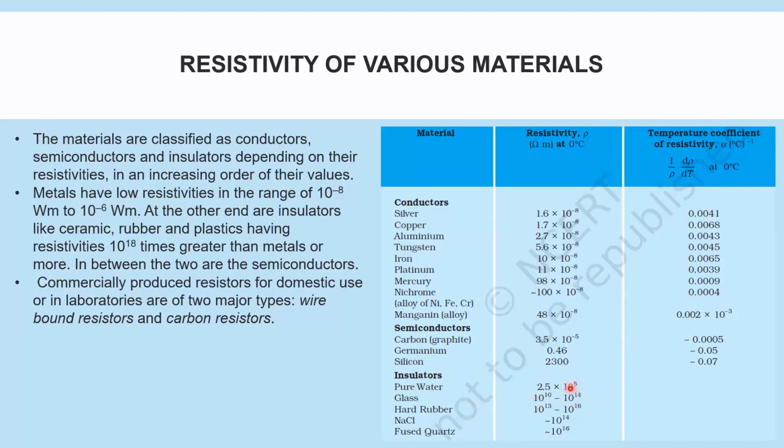You can see 10 raised to 5 here, then 10 raised to 10 to 10 raised to 14, also up to 10 raised to 16. So these insulators have high resistivity. That means that they are poor conductors. They have poor conductivity and hence they are poor conductors of electricity.